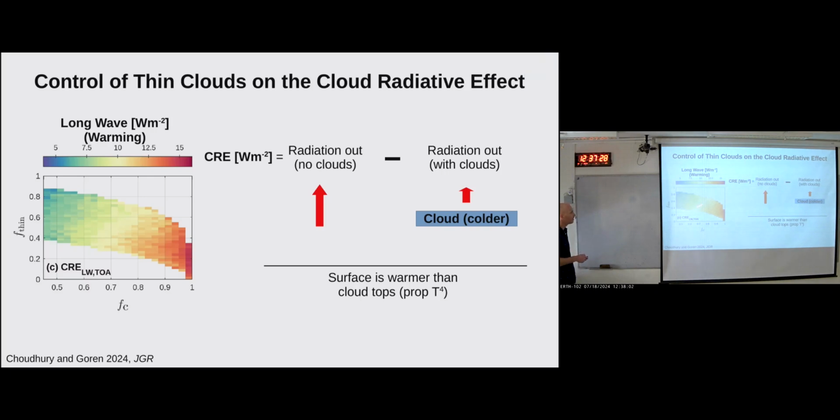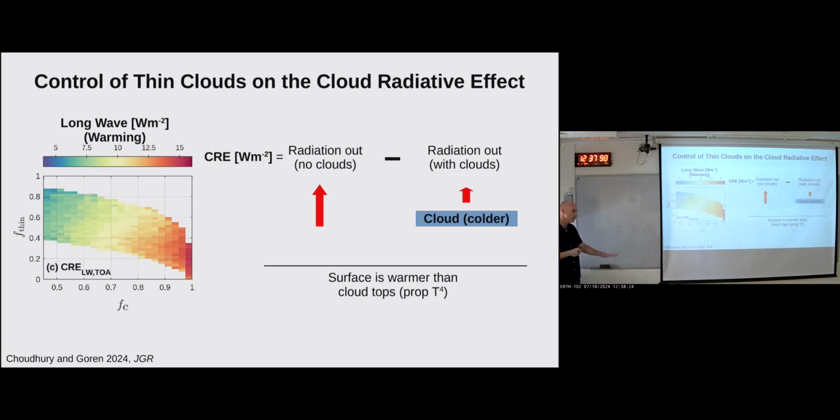The longwave is neglected in shallow clouds like here because the clouds radiate based on their cloud top temperature. So the longwave is important for high cirrus clouds because they are really cold, so they radiate based on the Stefan-Boltzmann law, and they are colder, so they radiate less.